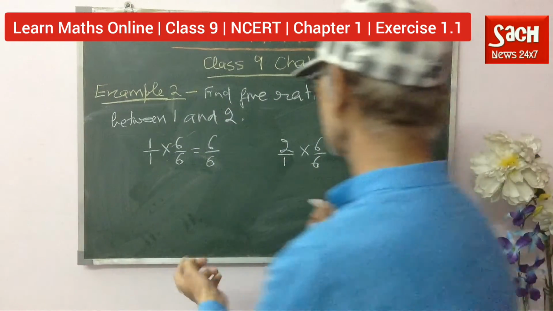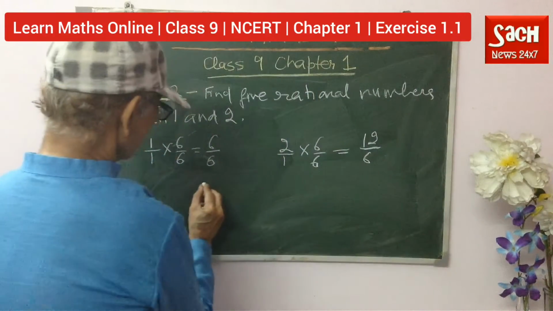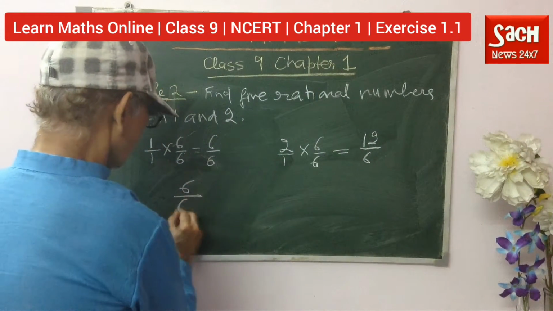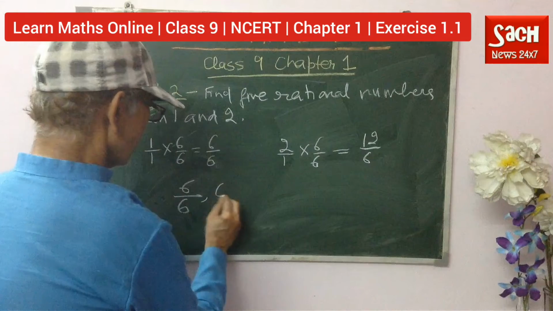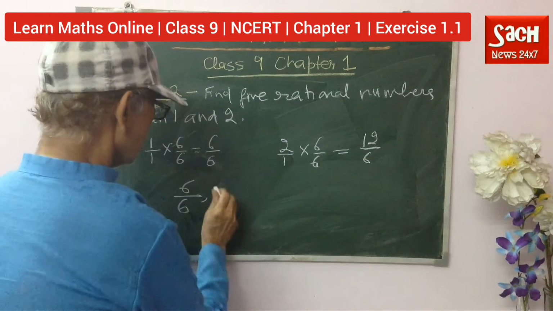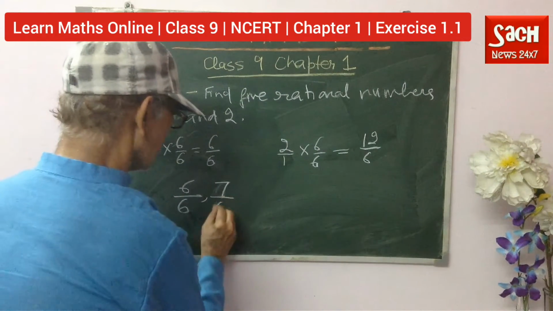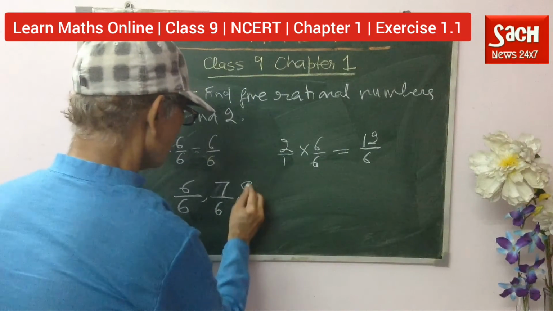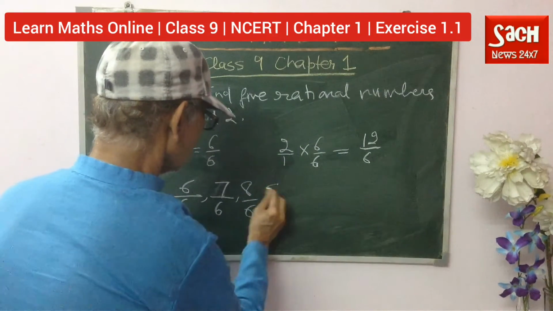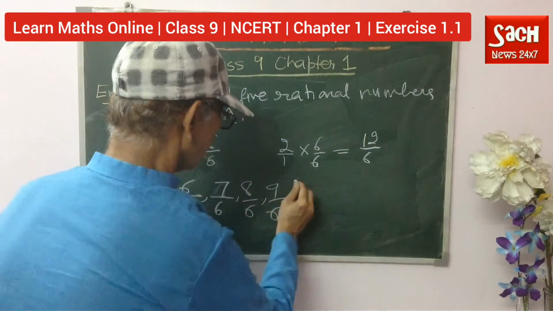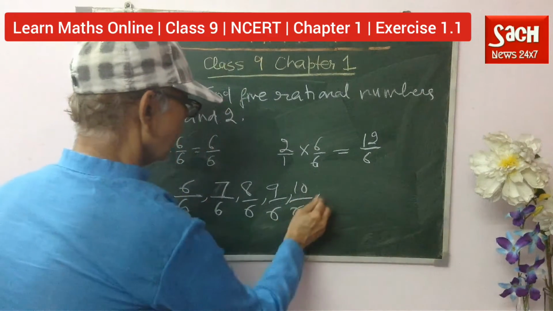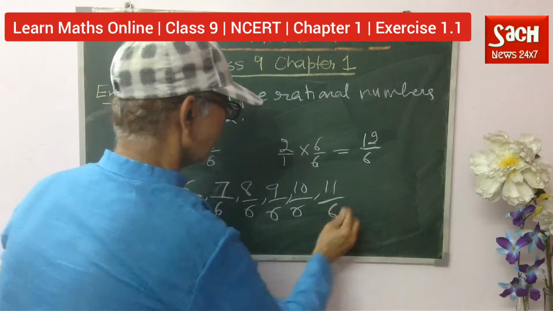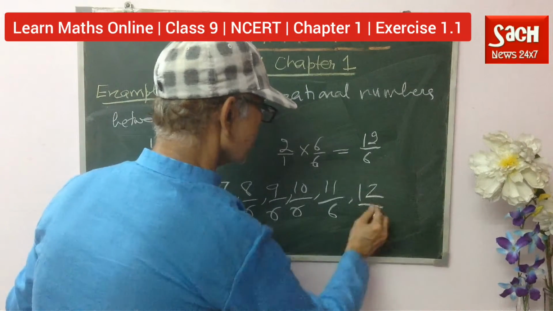It's very easy, right? 6 by 6. Then next, write the number increased by 1, 7 by 6. Then 8 by 6, 9 by 6, 10 by 6, 11 by 6, and 12 by 6.